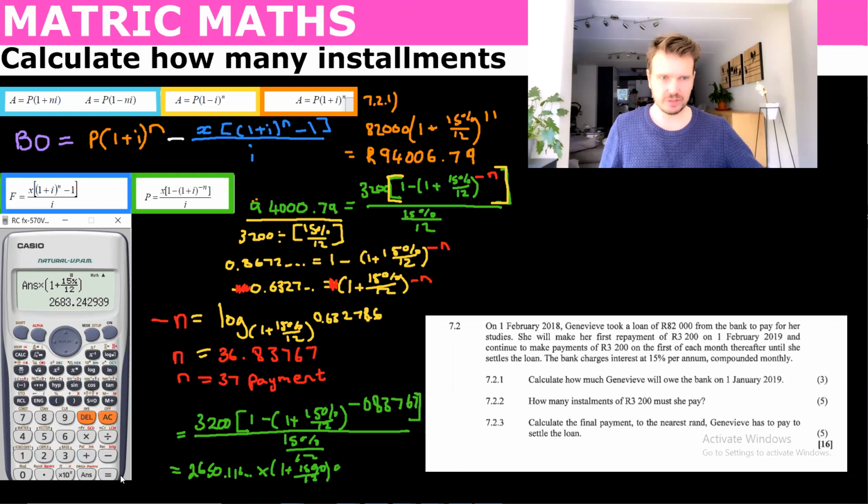And so we get 268325. Okay, so that would be the answer to 7.2.3, but I want to do another method in the next video, where we'll be looking at the final payment using this balance outstanding method here, which I've got at the top.